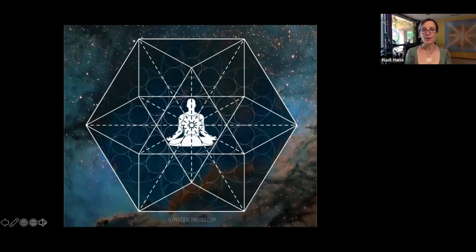And that we too have infinite source and infinite capacity. And this is the place, the point of stillness that we seek in meditation, the chi, the life force. This is the structure, right? This is one of the structures that represents that potential, that infinite potential within us, right?